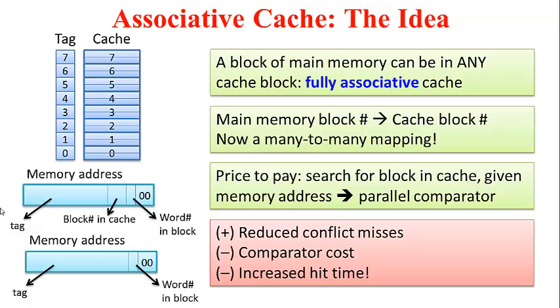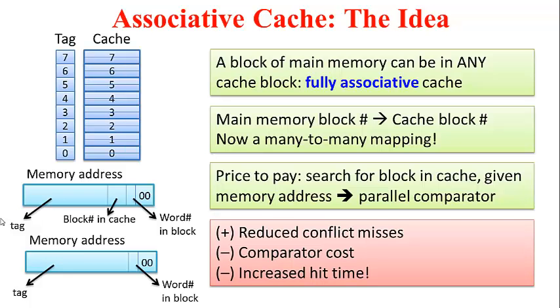So associativity reduces conflict misses. The kind of conflict misses we saw in the direct map cache will not arise in a fully associative cache. On the other hand, there is a price to pay in terms of comparator cost. There is extra hardware which must be added to the cache controller. Not only that, we are going to pay a price in terms of performance as well.